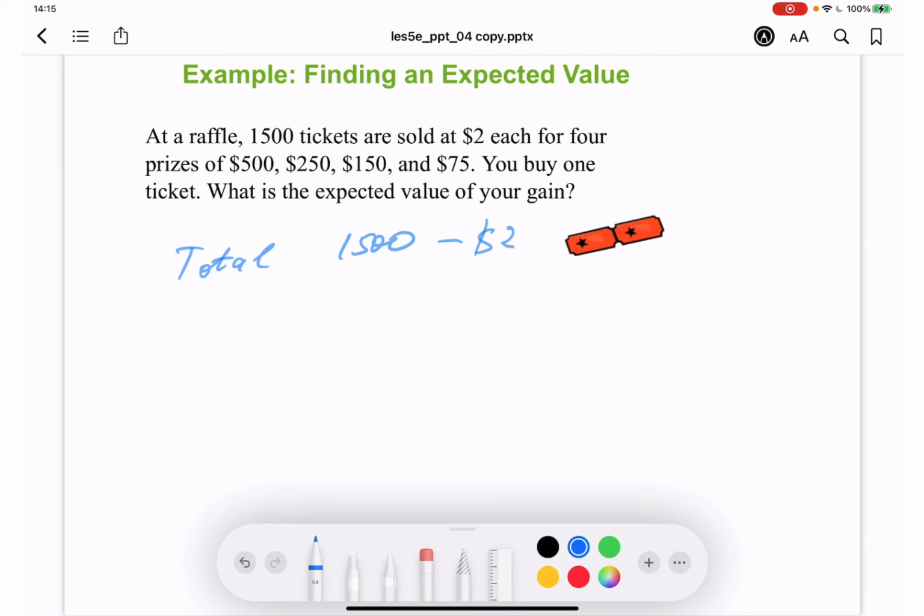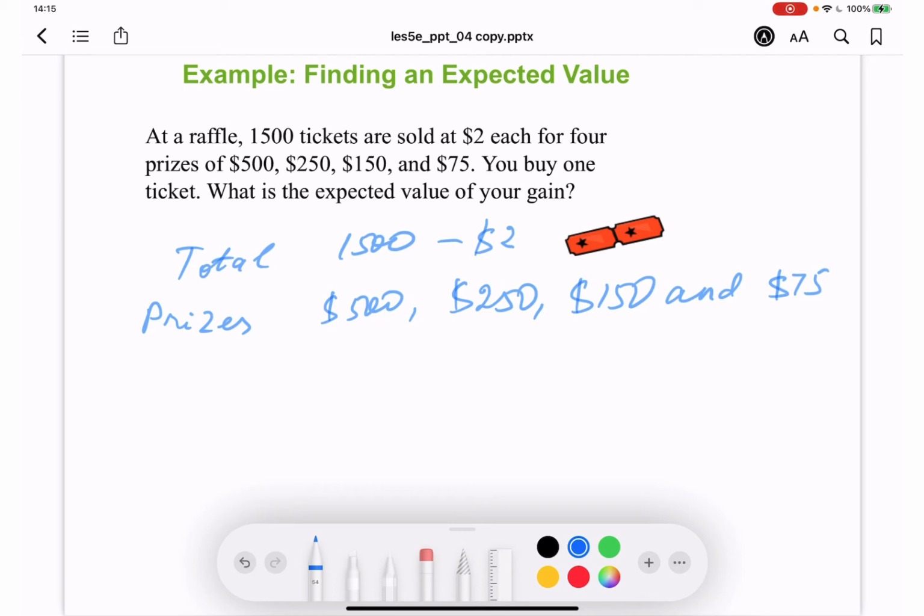And we have 4 prizes: $500, $250, $150, and $75.